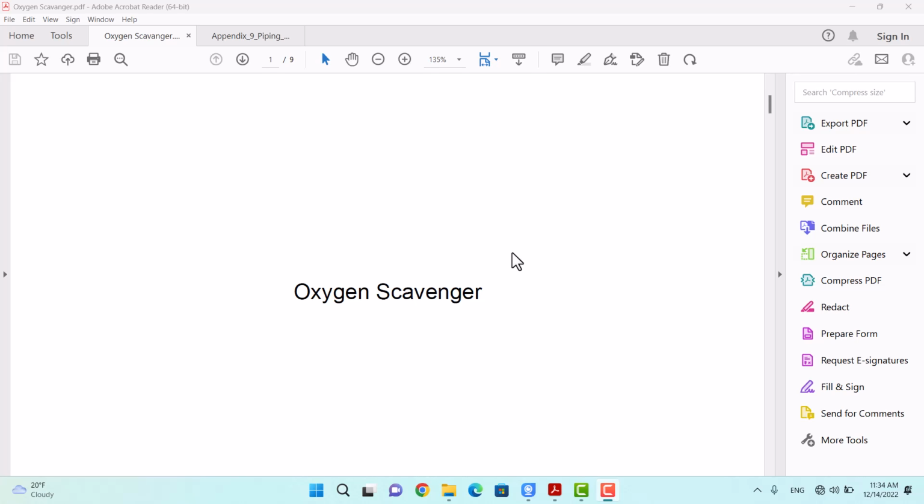By those criteria and tables, whether it's consumption, performance, or other criteria, you can select the best type of oxygen scavenger for your system. So at first I'm going to start with why we have oxygen, what the sources of oxygen are, and then what the resulting problems are due to the presence of oxygen.